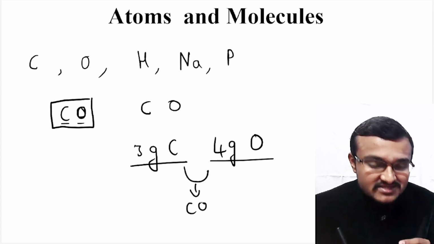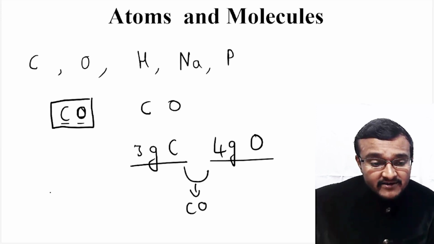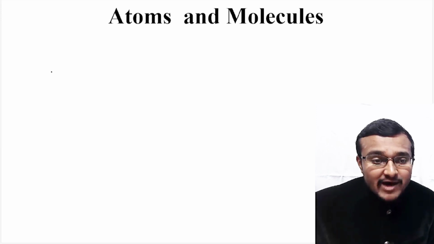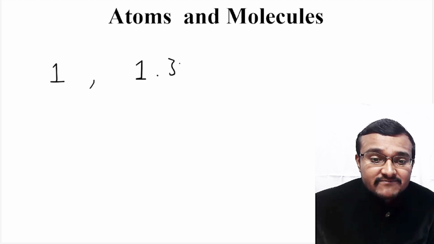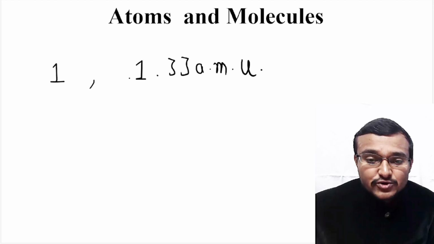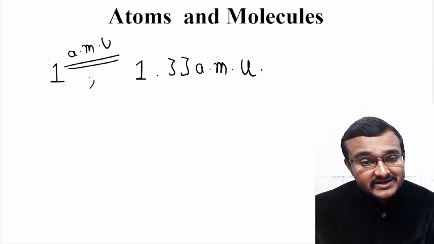So based on this, you can come to a conclusion that if the mass of one carbon atom is 1, then mass of oxygen atom will be 1.33 AMU, that is atomic mass unit. So AMU was the unit which was actually used in the olden days.